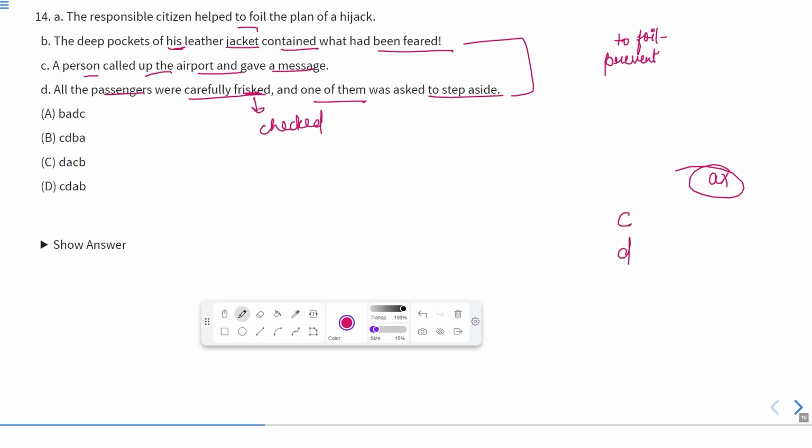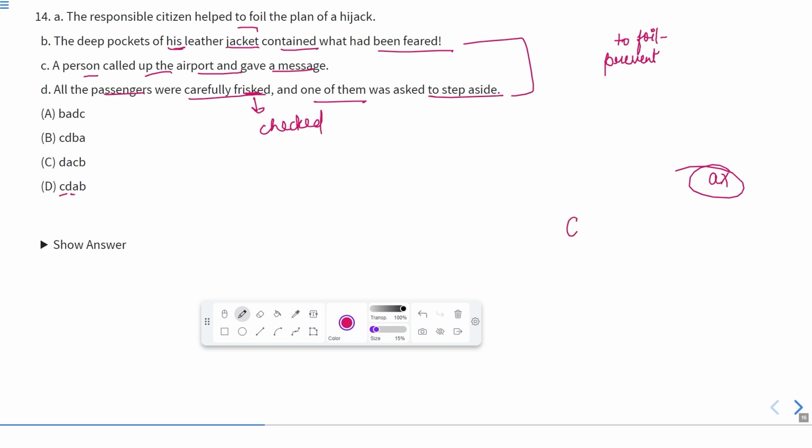Now if I begin this sequence with C, okay, after C we can have a person called at the airport and gave a message. And the deep pockets, after C we can have B, whereas any sentence which is beginning with C, it is D. All the passengers were carefully frisked. So after C we can also have D. Okay, so because all the passengers were checked first, a person called up the airport and gave a message.